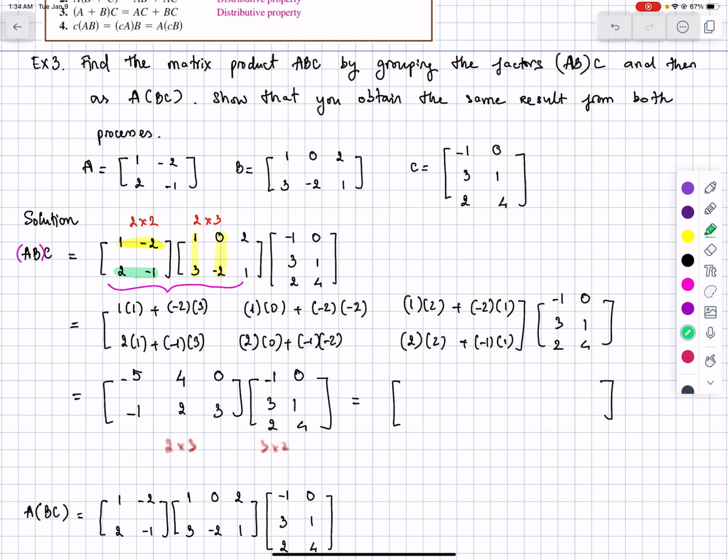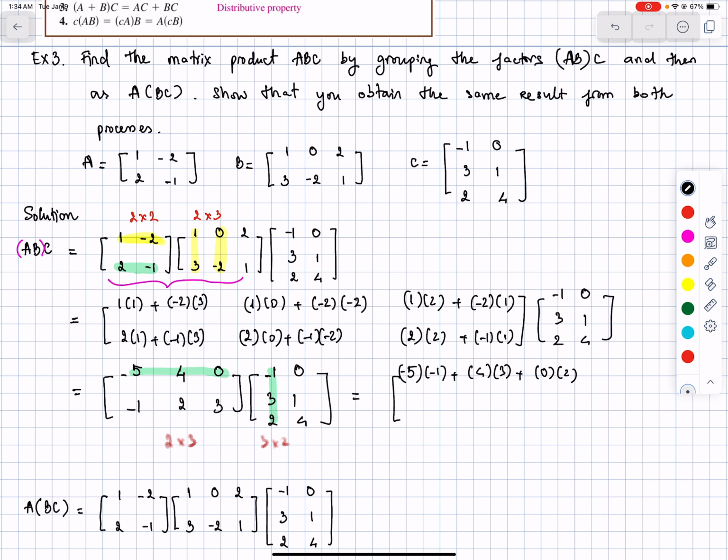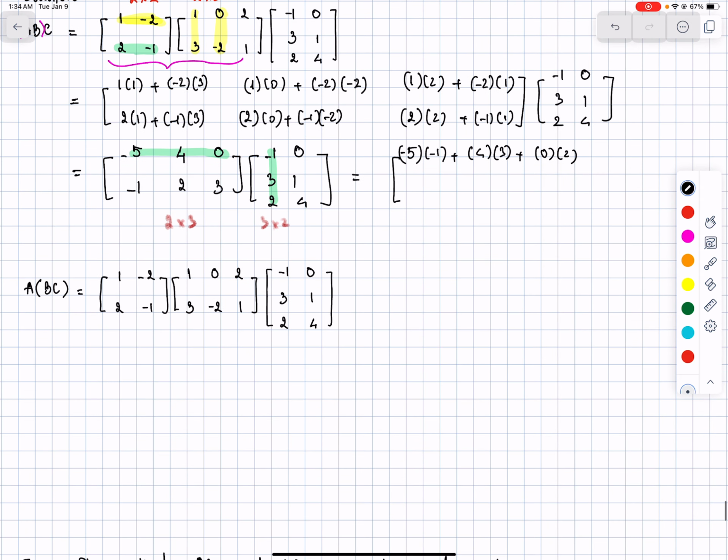Okay, so we will use this one, multiply this, and then multiply this, right? So negative 5 times negative 1 plus 4 times 3 plus 0 times 2. And then we have negative 5 times 0 plus 4 times 1 plus 0 times 4.